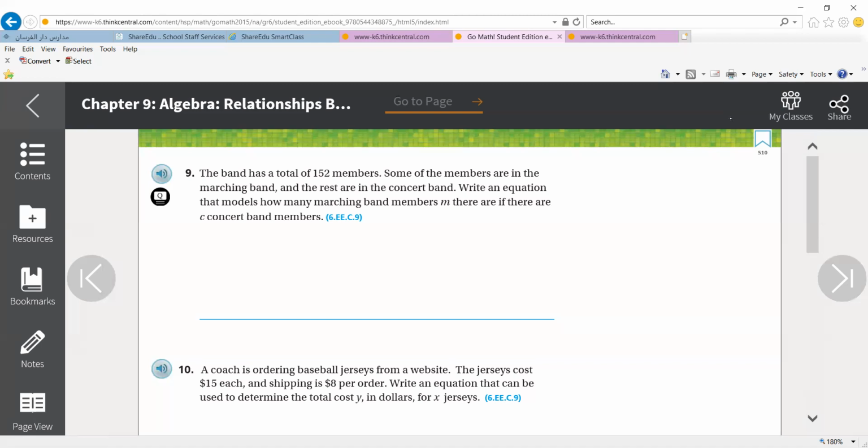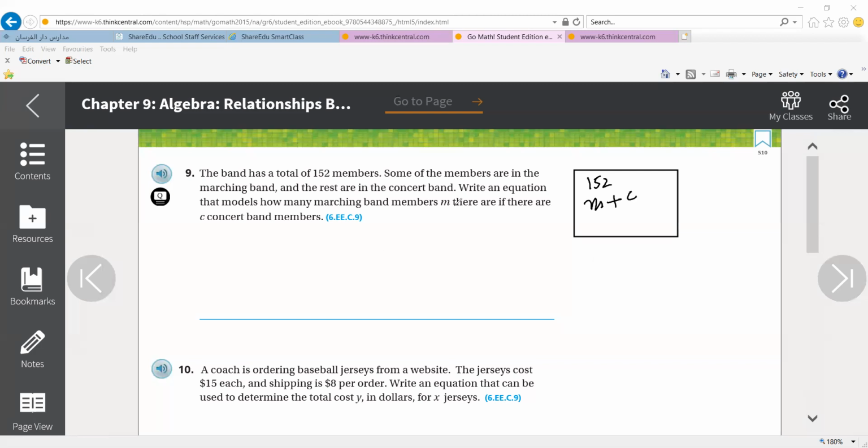Okay, so the band has a total of 152 members. Some are in the marching band, and the rest in the concert band.